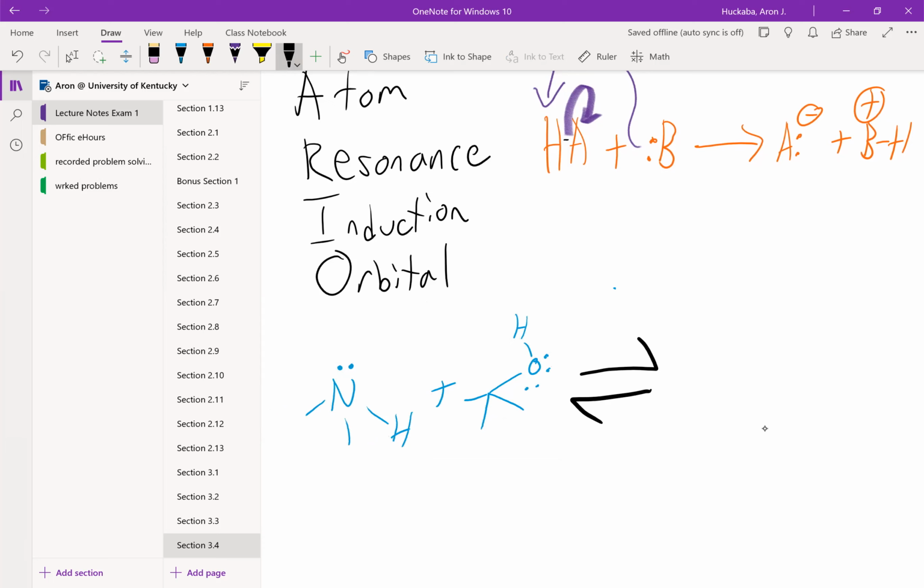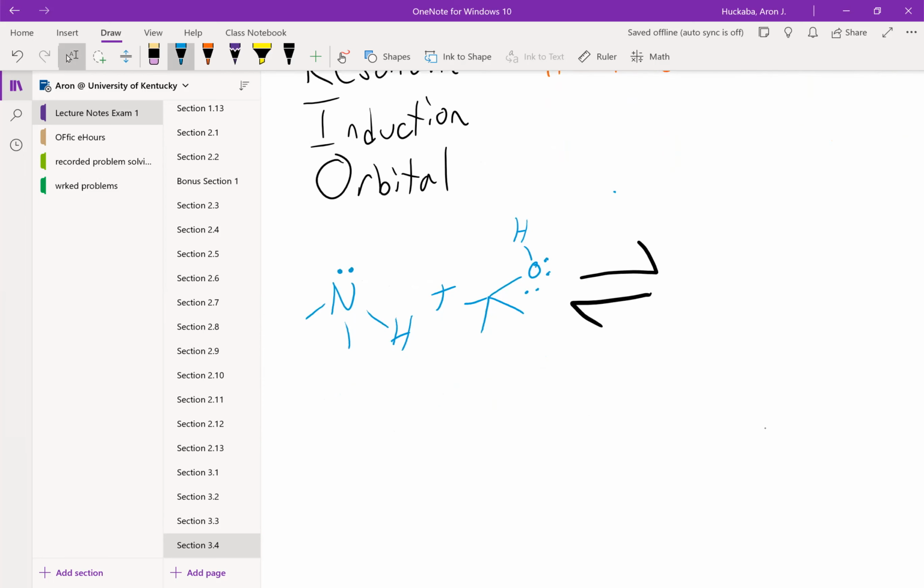And that's where ARIO comes in, because we will compare the conjugate bases of these molecules. So we'll leave the nitrogen, we'll do that one in orange, and we'll leave the oxygen-based one in blue. Okay.